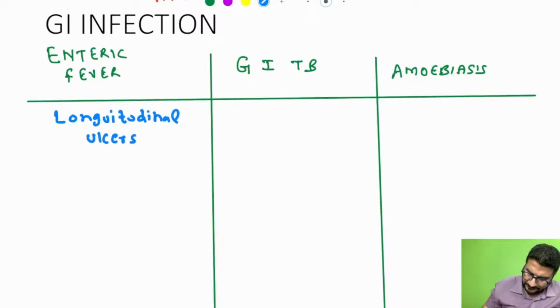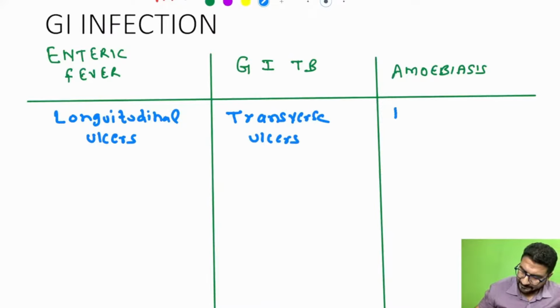In GITB you will see transverse ulcers. And in amoebiasis you will see flask shaped ulcers.